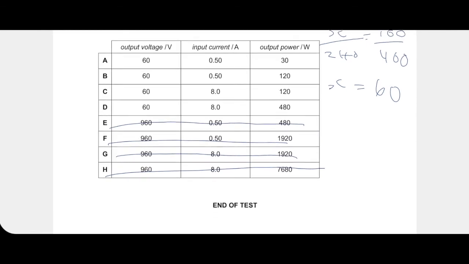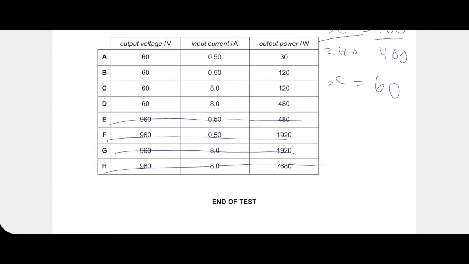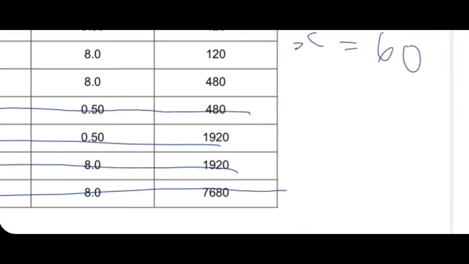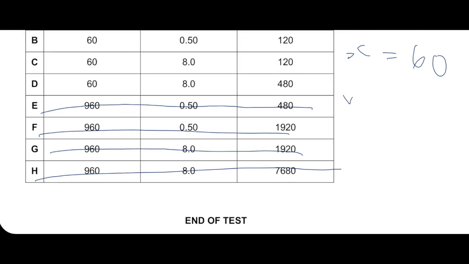Now we can work out the input current, and we are going to use the formula VP times IP is equal to VS times IS. See how all the primaries are on one side, all the secondaries are on the other side. Remember that, it's very important.